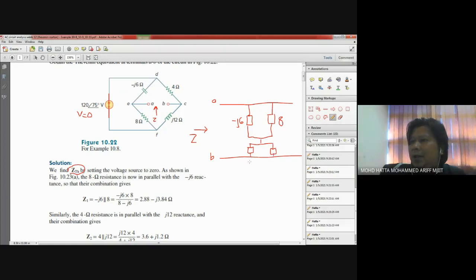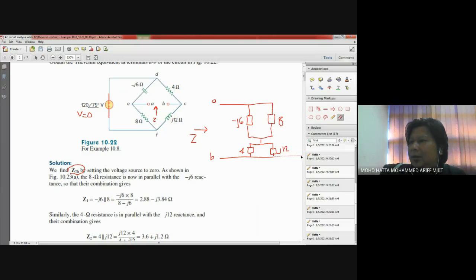Okay, and if you look at from B, I have 2 components connected in parallel, the first one is my 4 ohms, and another one is my J12. So later on I'll erase this one.